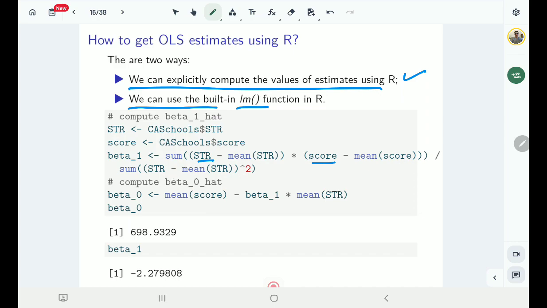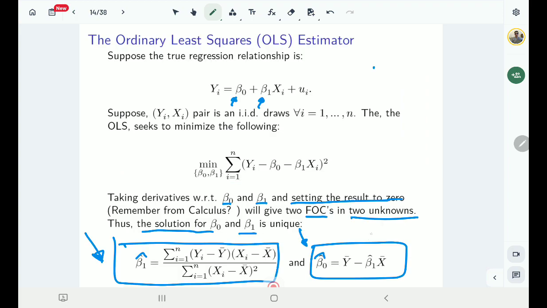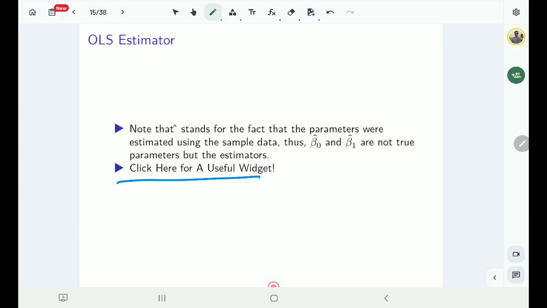That is the beta 1 formula. Then beta 0 can be found by the mean of y, which is the mean of the dependent variable score, minus beta 1 that you have already received, times the mean of STR. That is the formula for beta hat 0. Just plug in the corresponding values in the formulas.